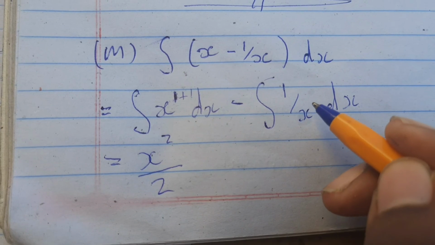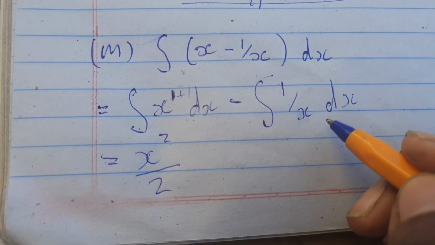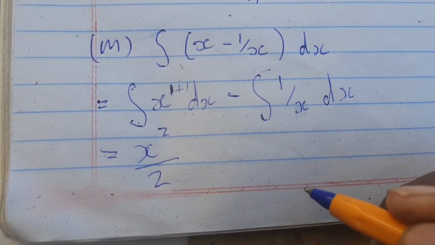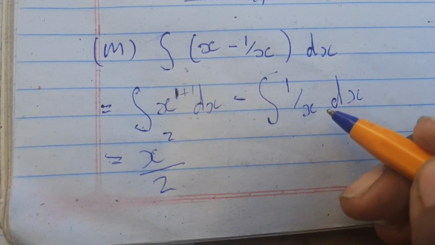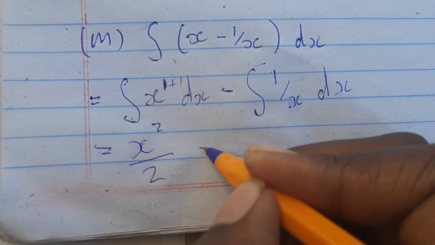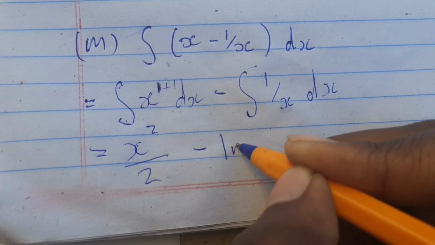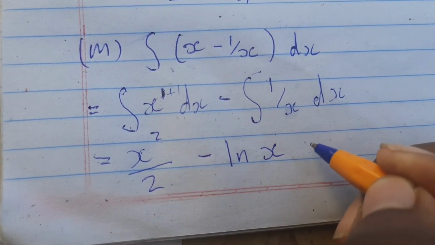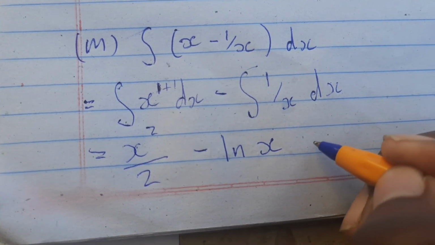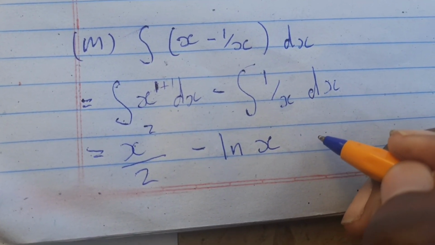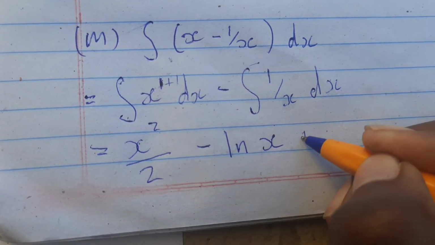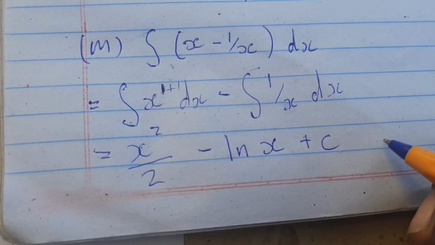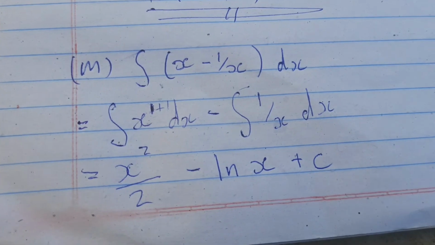Now when you have 1 over a value, the integrated version of that is the natural log of what's in the denominator. So we have minus natural log of x. This is an indefinite integral because we have not been given any limits, so plus c, and this is our value.